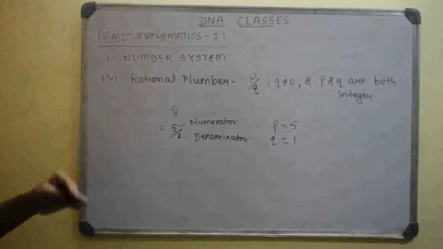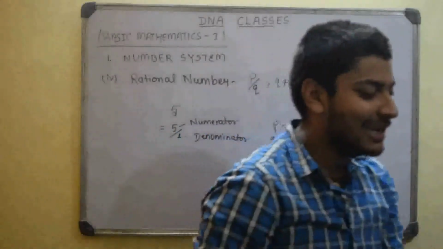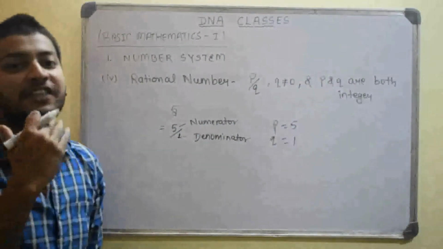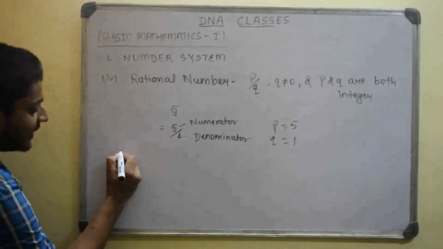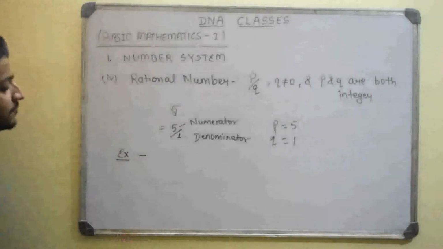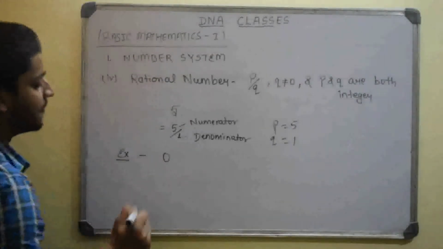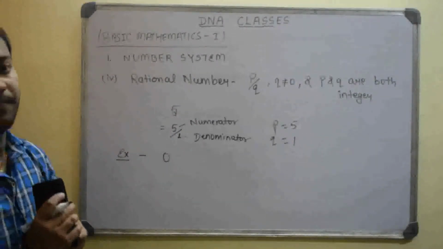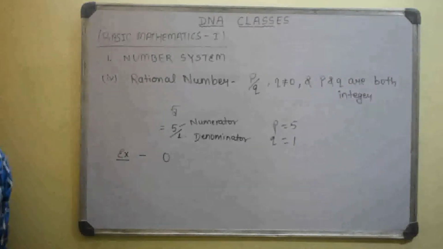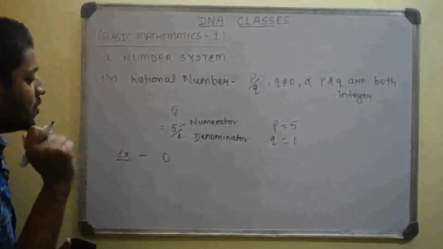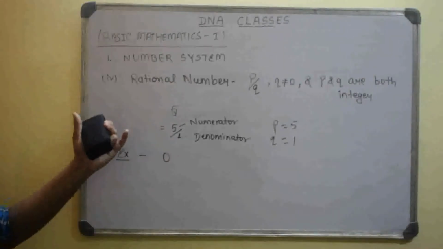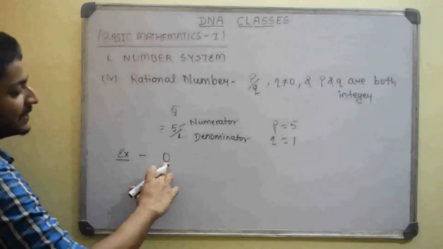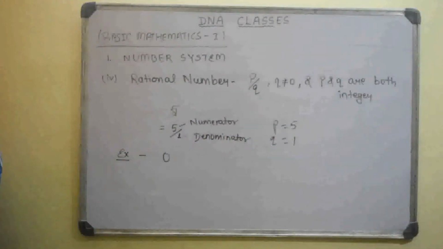Now we will check which number will be called a rational number and which will not. So let's start with an example. Suppose you are taking 0. Is 0 a rational number or an irrational number? How will we know? To know whether 0 is a rational number or not, we will see if 0 can be represented in the form of p by q or not.